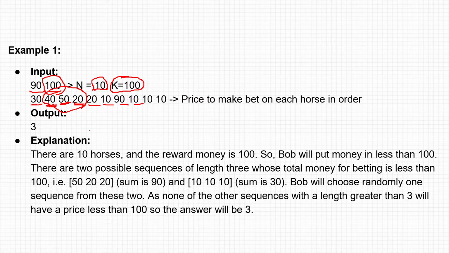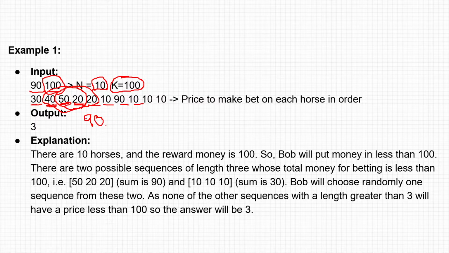It is exceeding beyond that, so he doesn't want to choose this sequence. Now he will go for this sequence. Okay. So 50, 20 and 20. So we know that 50 and 20 will not yield the result, so I will take one more value. So 50, 20 and 20, yes, it is giving a total of 90.